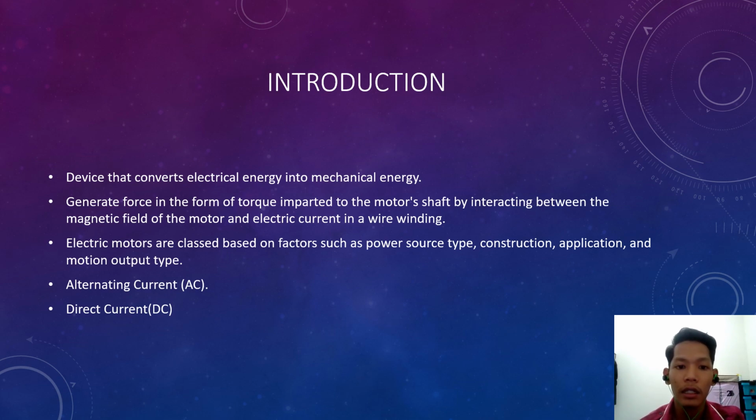An alternating current motor is an electric motor that runs on alternating current, which means AC. And a DC motor is a direct current motor. It's a type of rotary electric motor that converts direct current, DC, electrical energy into mechanical energy.